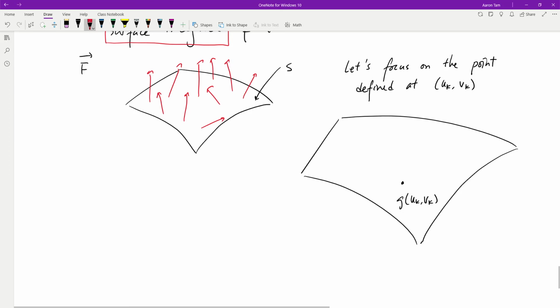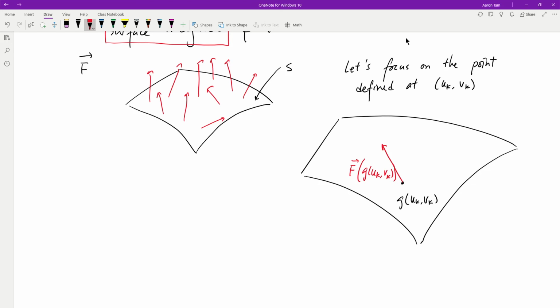And this should have some kind of vector pointing out based on the vector field f. So therefore, that would be vector f of the position. So that will be f of g of u sub k, v sub k.